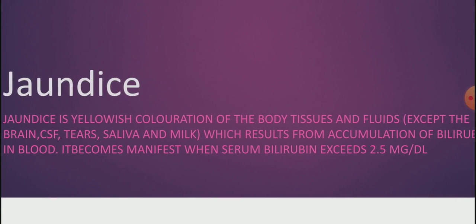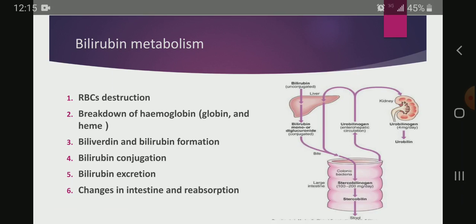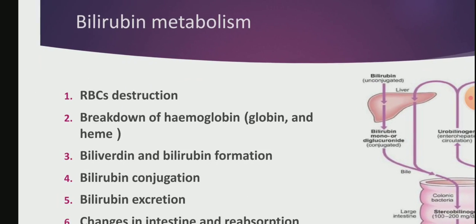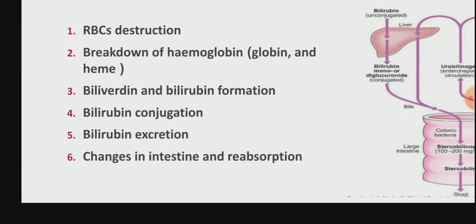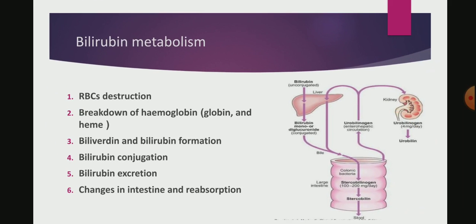It becomes manifest when the serum bilirubin exceeds 2.5 milligrams per deciliter. You know the bilirubin metabolism: RBC destruction, breakdown of hemoglobin to globin and heme, biliverdin and bilirubin formation, bilirubin conjugation and excretion, change in the intestine and reabsorption.